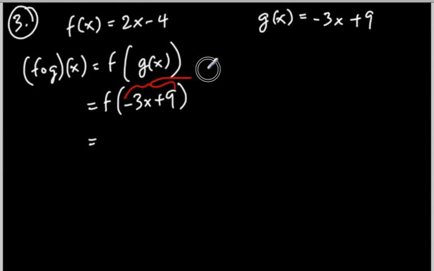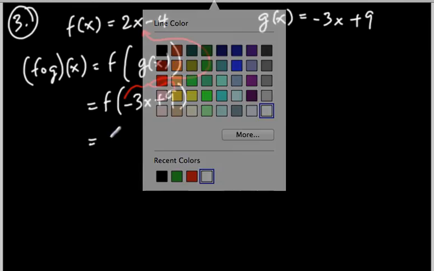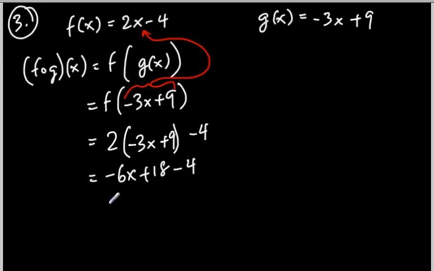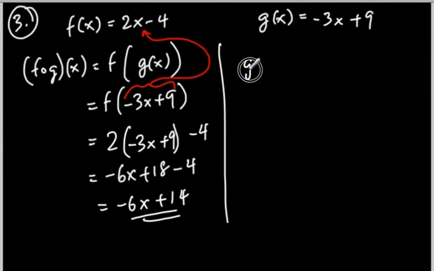So it becomes 2 times (negative 3x plus 9) minus 4. It becomes negative 6x plus 18 minus 4, which is negative 6x plus 14. And that's that.